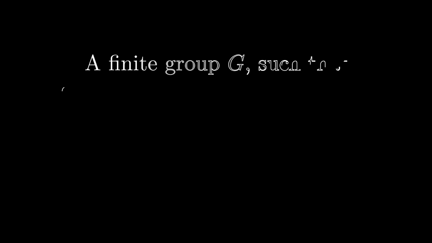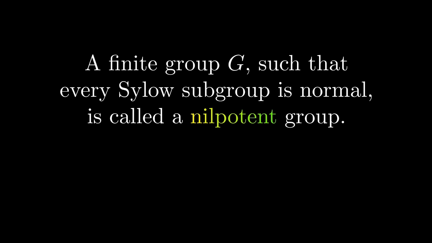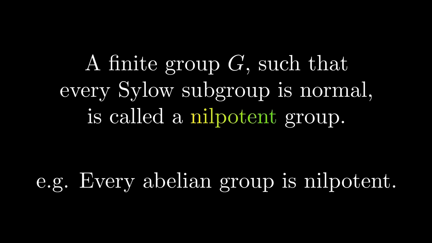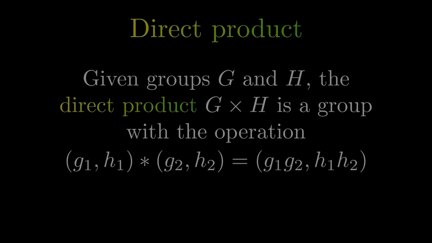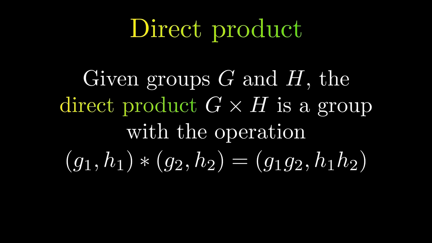More generally, a finite group such that every Sylow subgroup is normal is called a nilpotent group. Since in an abelian group every subgroup is normal, an abelian group is nilpotent. To understand nilpotent groups, we define the direct product of two groups. Here we define an operation on the Cartesian product of the two groups by multiplying component-wise.